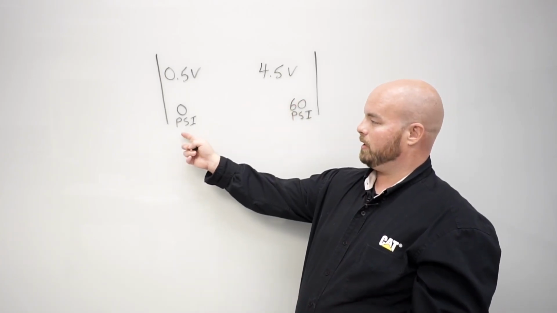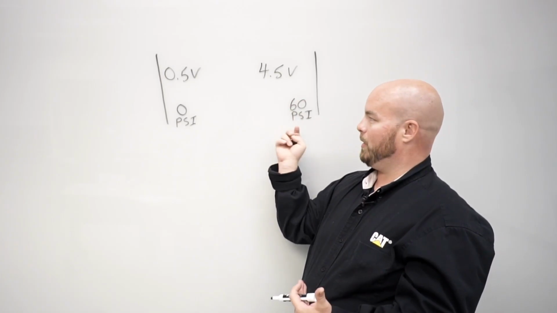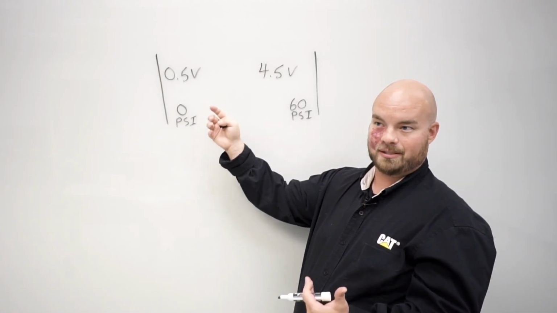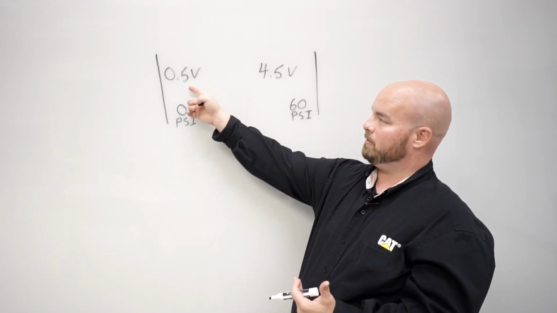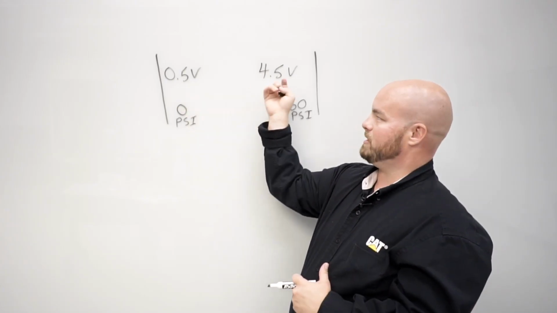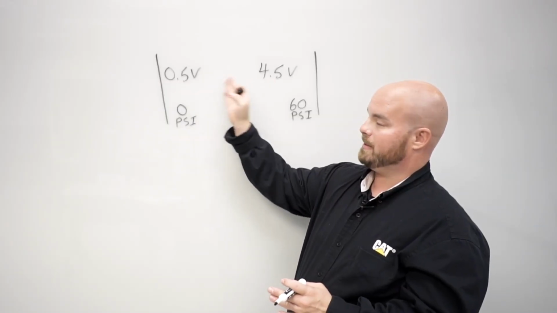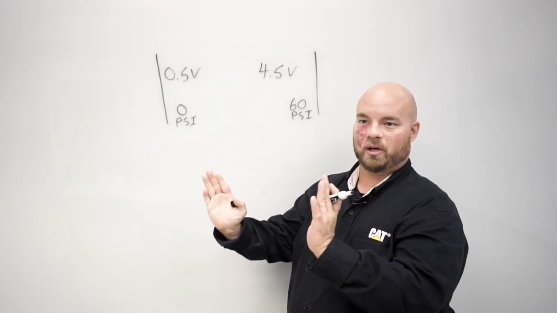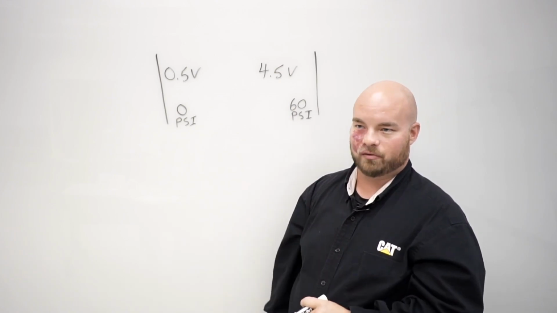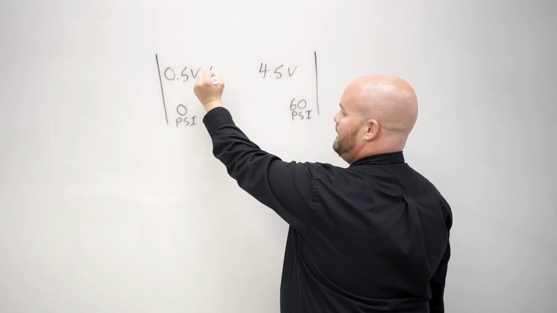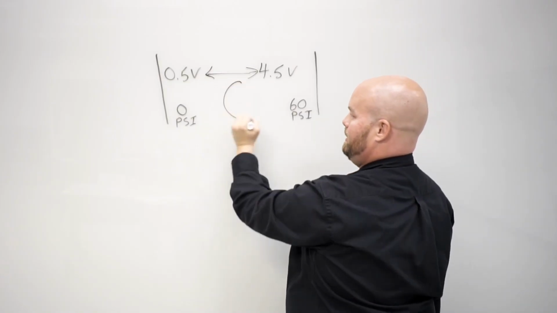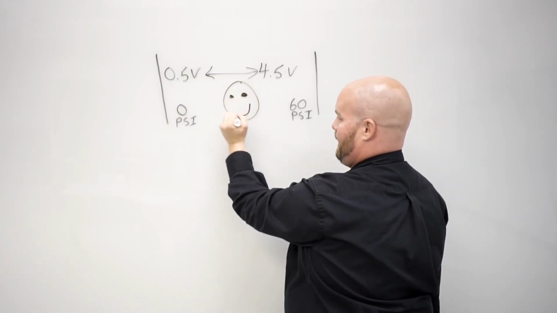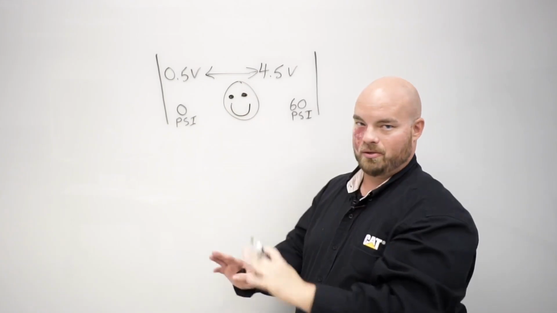As we go from 0 PSI all the way up to 60, the voltage the sensor sends to the ECM is going to go from typically 0.5 volts up to typically 4.5 volts. As long as the ECM sees a voltage somewhere within that typical 0.5 to 4.5 range, guess what? He is a happy ECM, and he says no codes.